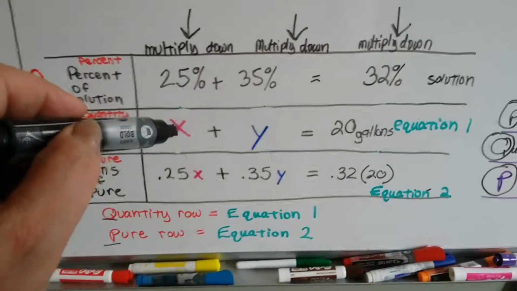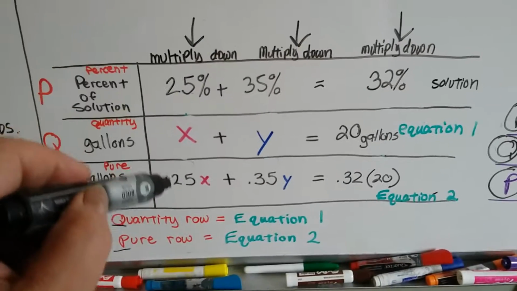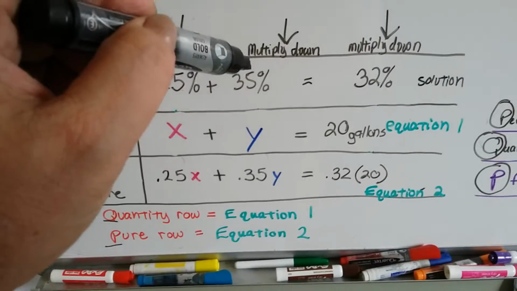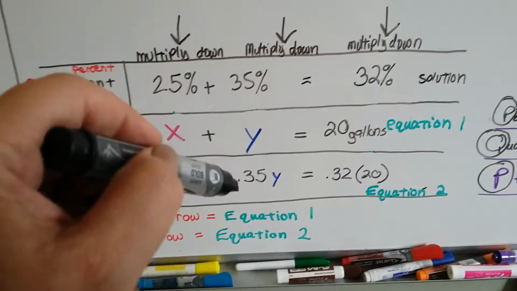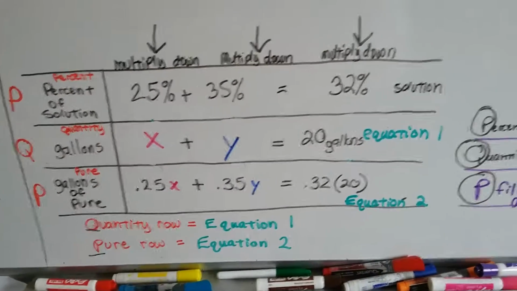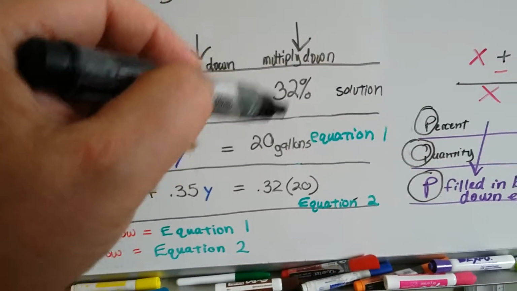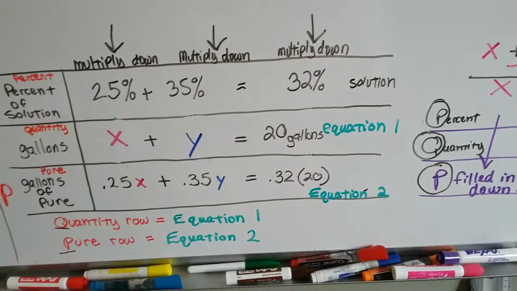So watch. 25 times x is 25x, but because it's a percentage, we write it as a decimal, 0.25, so we have 0.25x. 35 times y is 35y, but because it's a percentage, we write 0.35, and now we've got 0.35y. 32% times 20 is 32 times 20, but because it's a percentage, we write 0.32 times 20.